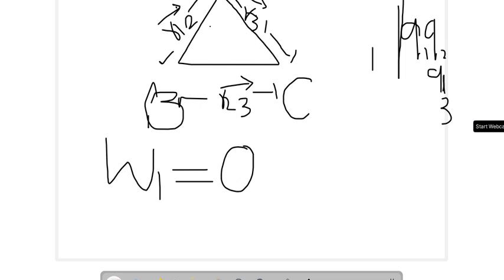Now, let W2 be the amount of work done in bringing the charge Q2 from infinity to a point B. The work done is against the electric field produced by the Q1 charge.